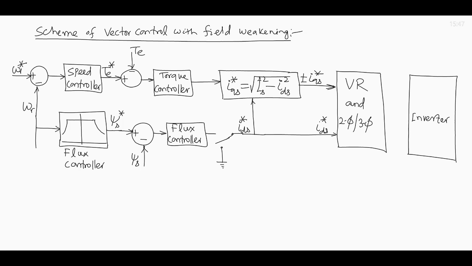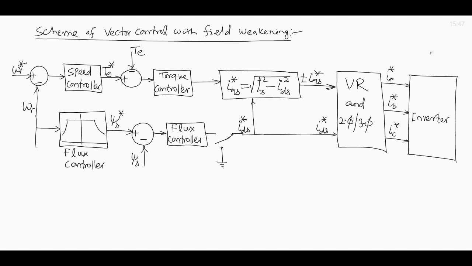So, from this 2-phase to 3-phase conversion, from the IDS star and IQS star, it generates the 3-phase current commands IA star, IB star and IC star.